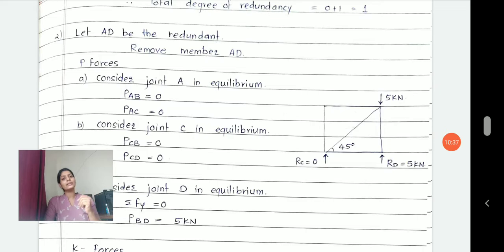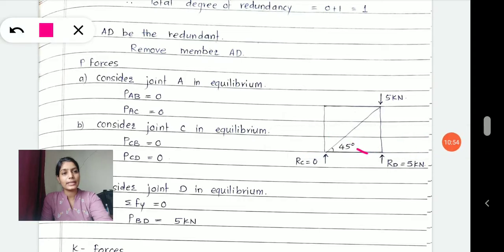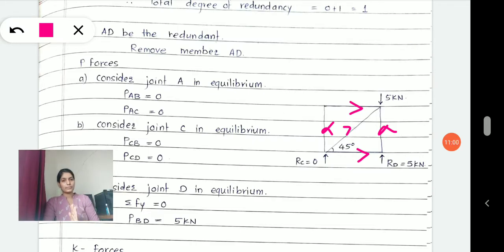You can choose another member as a redundant, but I will tell you the answers will remain the same. What are we analyzing for? We are analyzing for finding the forces in each of the members. The forces remain the same in each of these members, though you have selected another redundant.